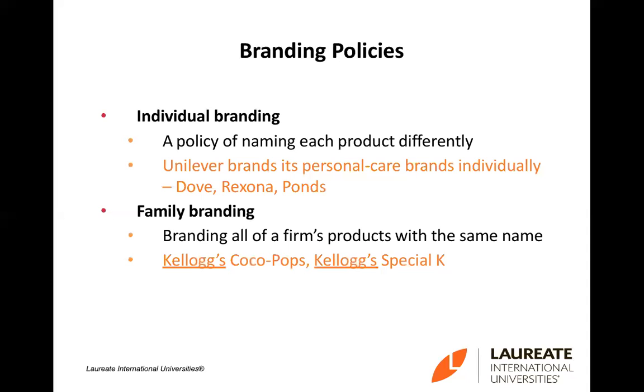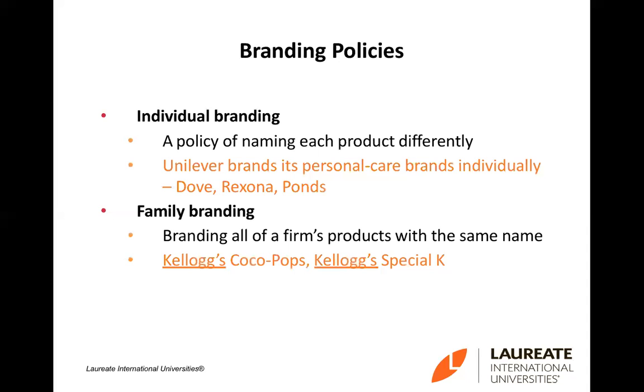And some other companies adopt what we call family branding. They use the same brand, which is basically the family brand or the umbrella brand, if you like, to carry a range of products such as Kellogg's Cocoa Pops, Kellogg's Special K, and so on.